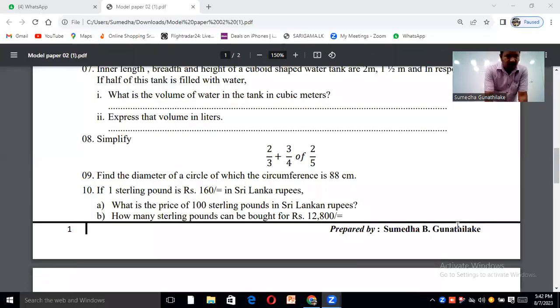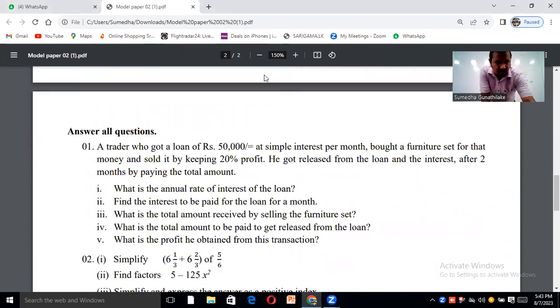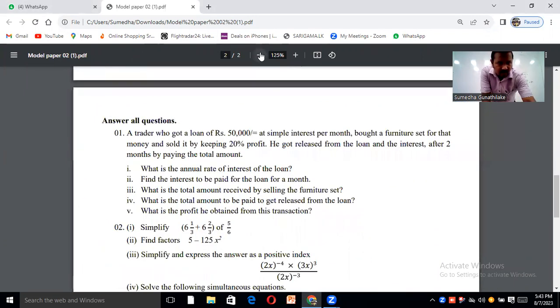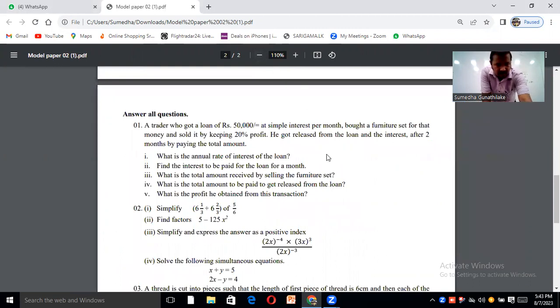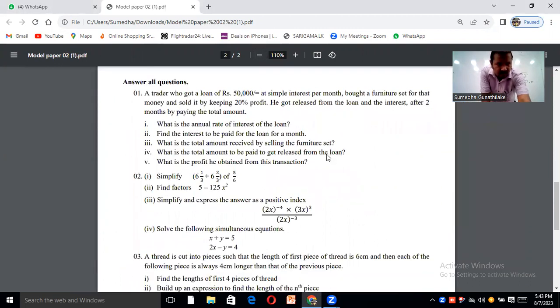And then we'll move to the second part. Now you can answer the first 2 questions. Thereafter, we'll discuss it.